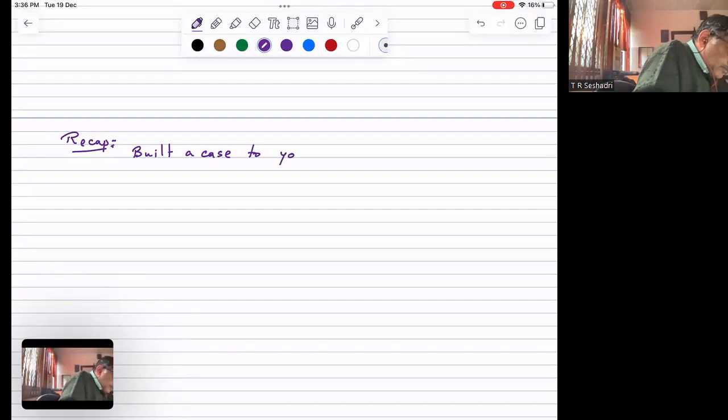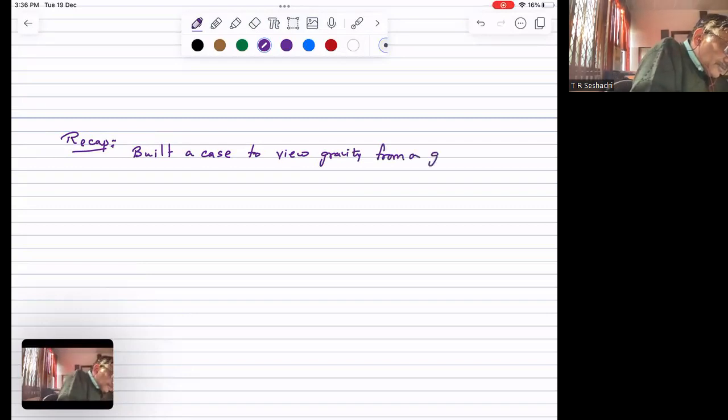to view gravity from a geometric perspective.